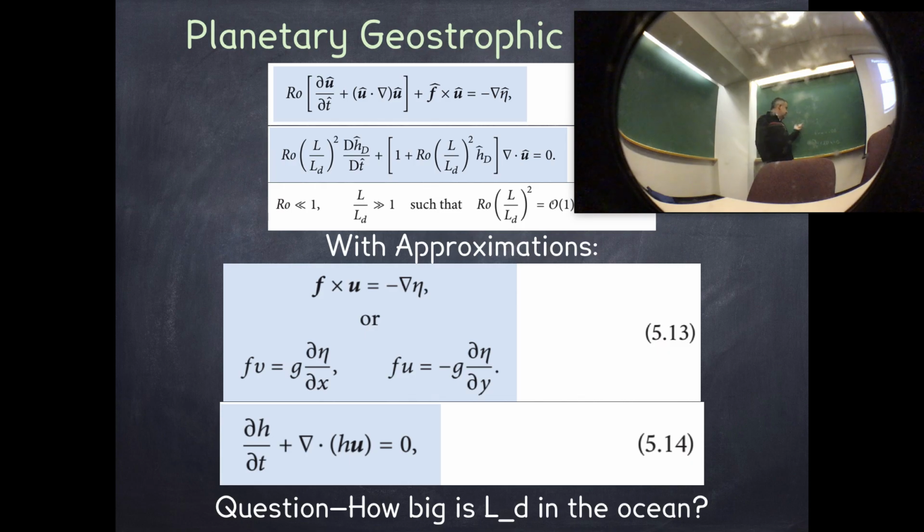Because remember, this is the scaling on this term versus this term. So if we made this smaller, we would have had horizontal incompressibility. And that wouldn't have worked together with this. We would have lost all of our d/dt. So the distinguished limit in the planetary geostrophic equations is this, which gives us a functional set of equations in the end.